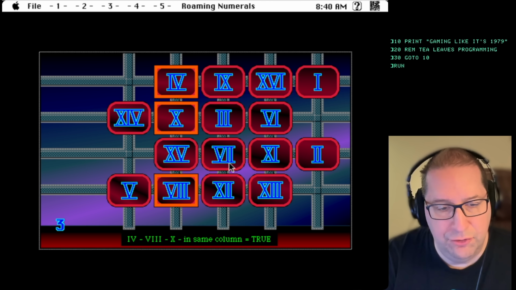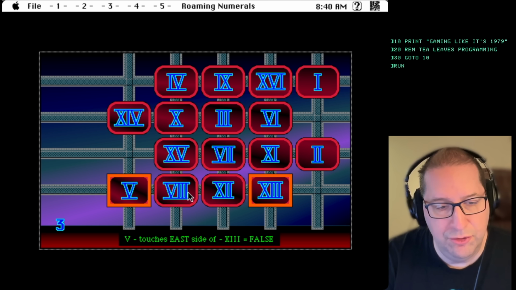My gut says, oh, but 8 has to be in the same column as these, and we know that this has to be here. We know that that 10 is there. So let's go back to that.